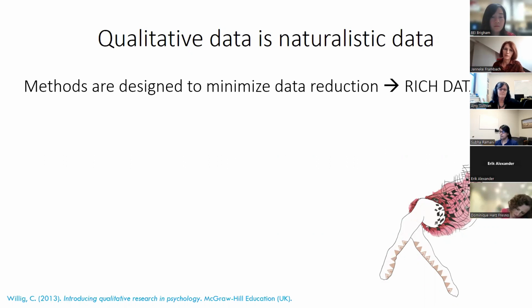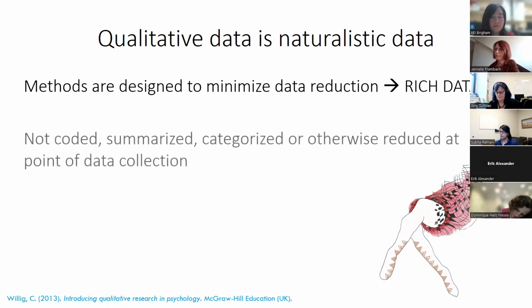It's about generating rich data that is not coded or summarized or categorized or otherwise reduced at the point of data collection. So when we speak about interviews, for example, it's about exactly the words of your participants. That would be your data. So you would have the transcript with their actual words in not nicely flowing sentences, but really spoken language that you will then analyze.